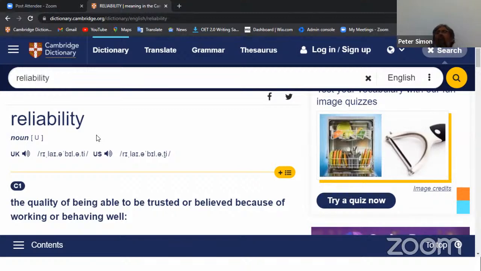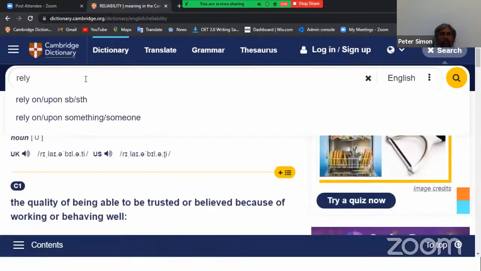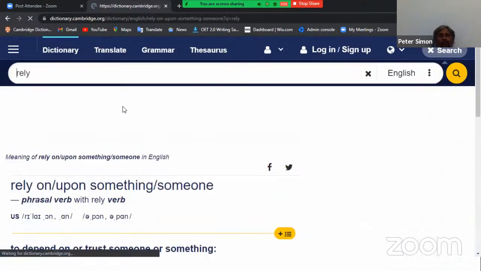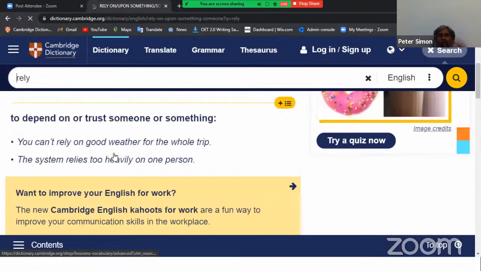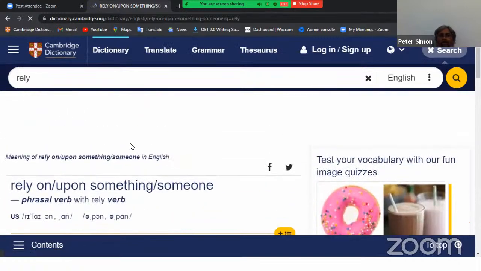Reliability is a quality word. Rely is an ordinary word. Rely, reliable, reliability. It's an extended form.